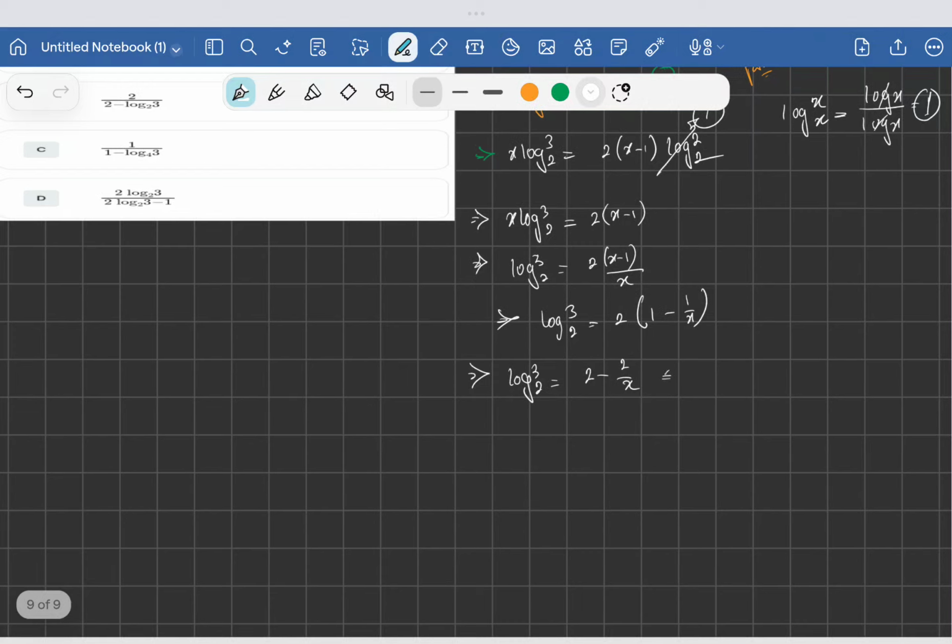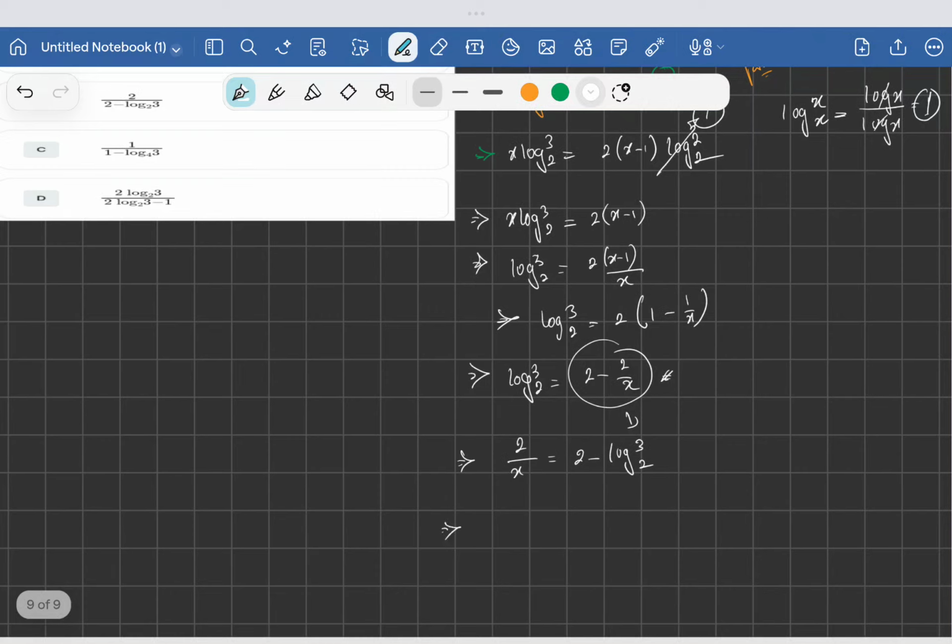Now just keep it like that, which will be 2 by x equals 2 minus log 3 base 2.